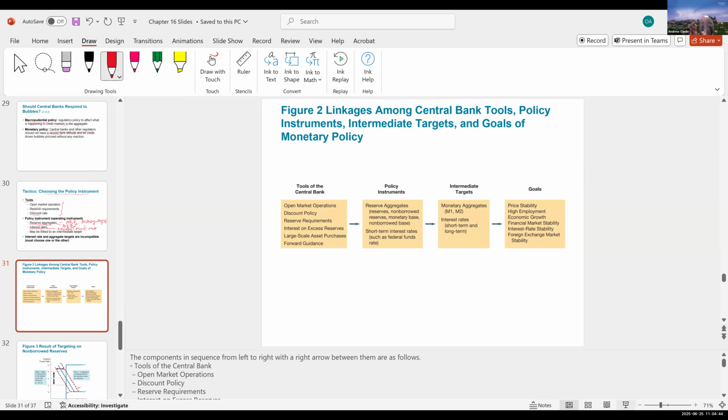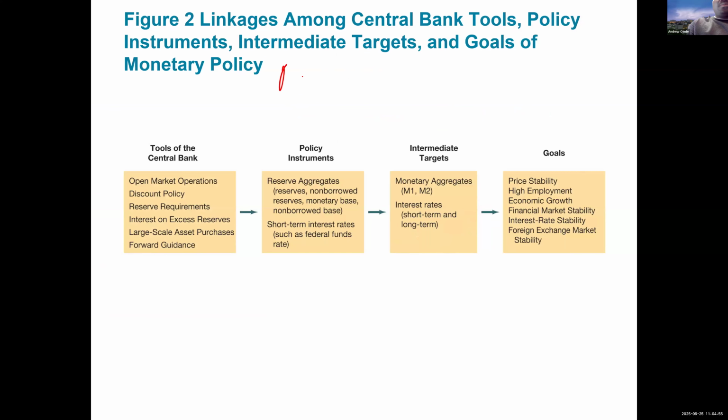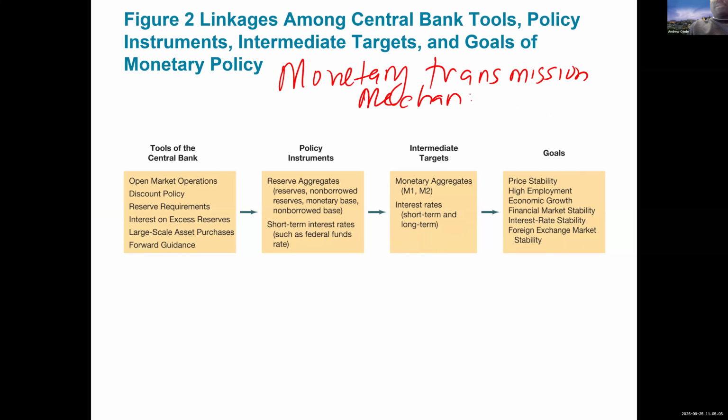Before I talk about that, I want to talk about what we call the monetary transmission mechanism. Some textbooks call it the propagation mechanism.